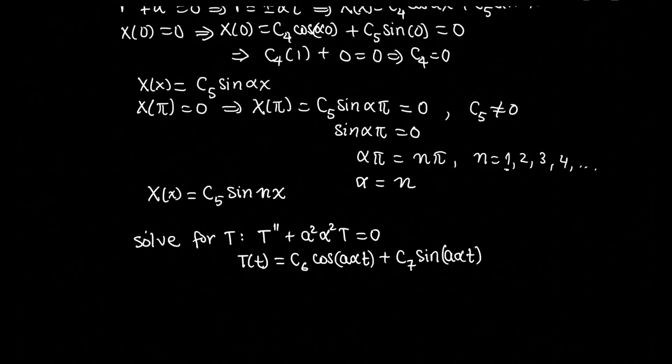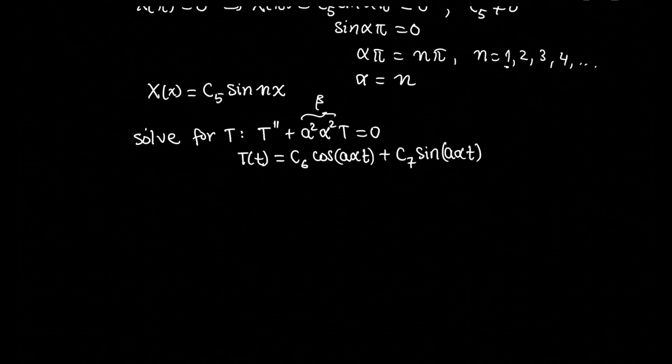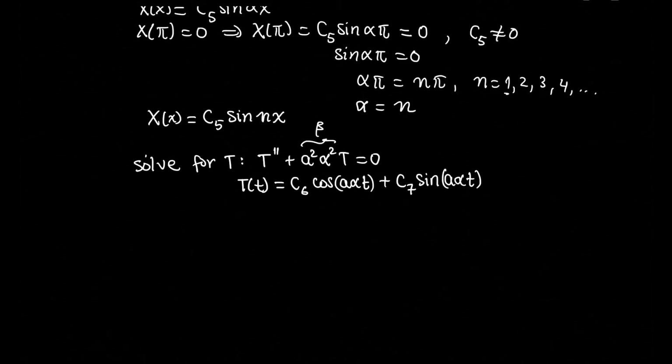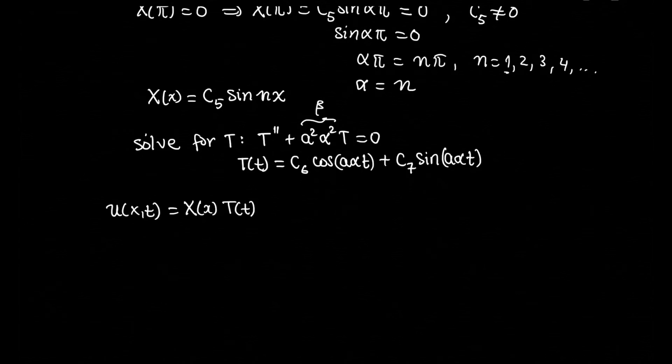If you solve for this, because all of this is going to be some constant, I would say beta, and then you have to solve for that. Now, this is the solution for T. Then I have u(x,t) equal to X times T from the separation.